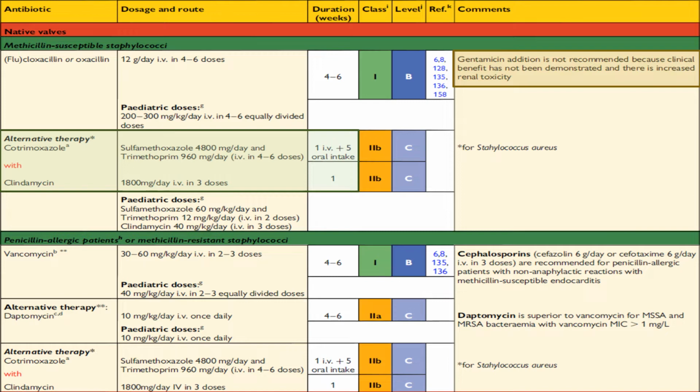But if the patient has just a minor reaction to penicillin, you can still use cephalosporin. I want you to know that if the pathogen is MSSA, beta-lactam has better efficacy than vancomycin. So try to use beta-lactam if it's MSSA. But for MRSA, beta-lactam cannot be used. Okay.